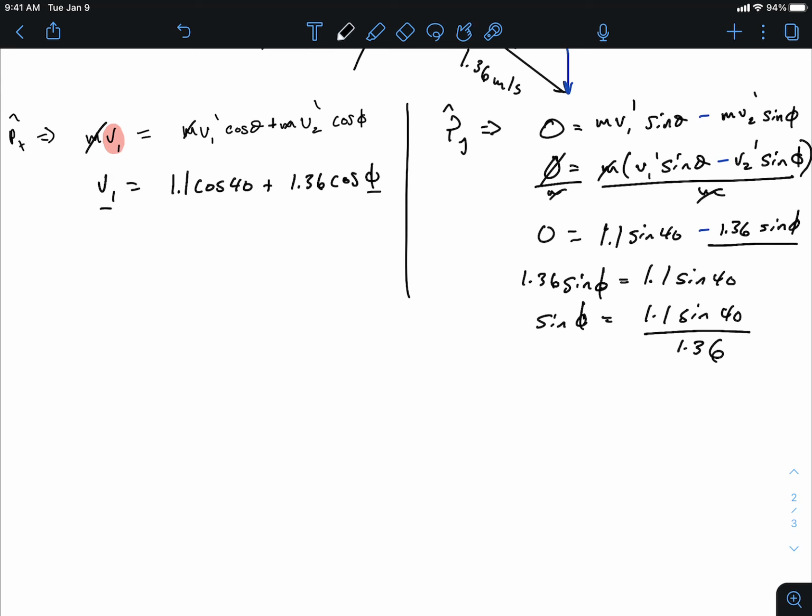So let's get a number here on the right side, and then we'll find the sine inverse, and everything will be fine and dandy. We should see 1.1 sine 40 should equal 0.7. I'm just trying to find my pencil. There it is. 0.7, this is sine phi, divided by 1.36. Oh, 0.7, not 1.7, 0.7.